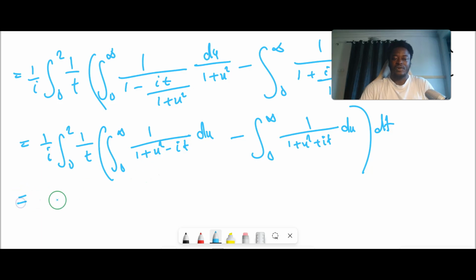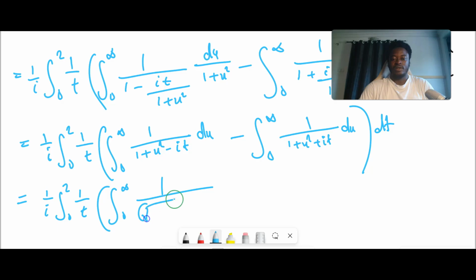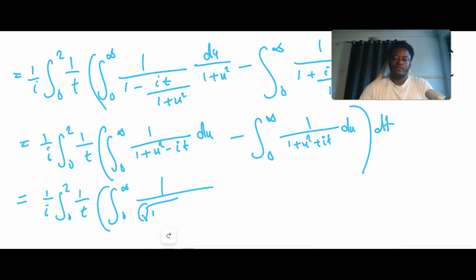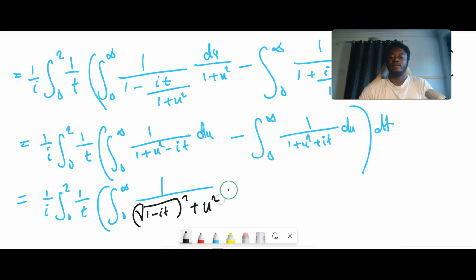Then you would have this equal to 1 over i times the integral from 0 to 2 of 1 over t. Then you write this as the integral from 0 to infinity of 1 over the square root of 1 minus it all squared, plus u squared, du.